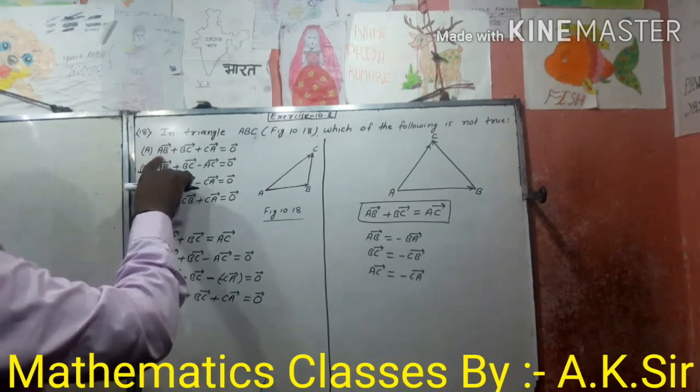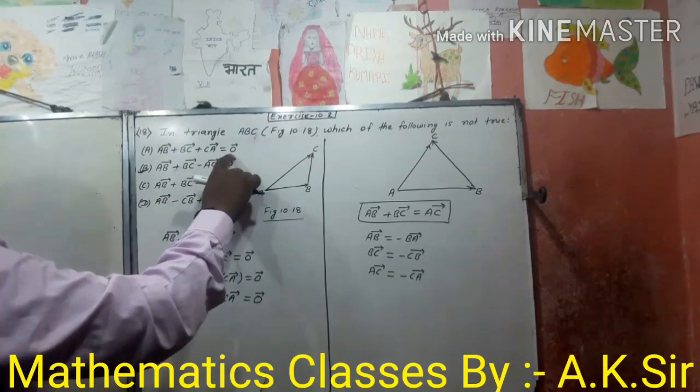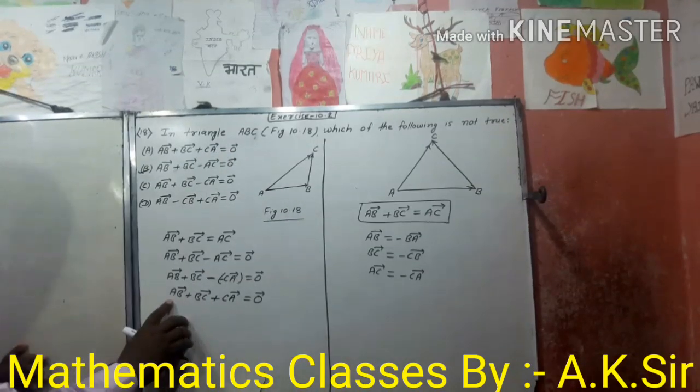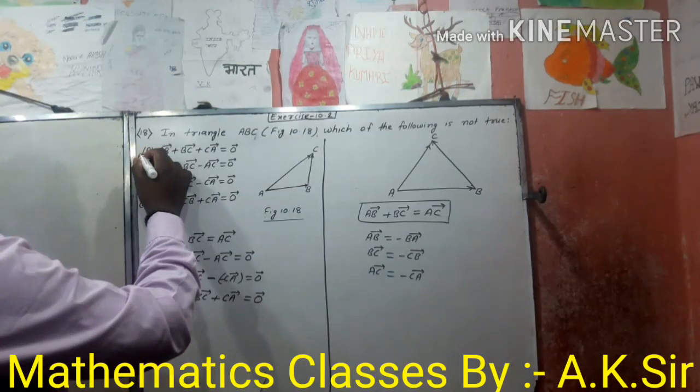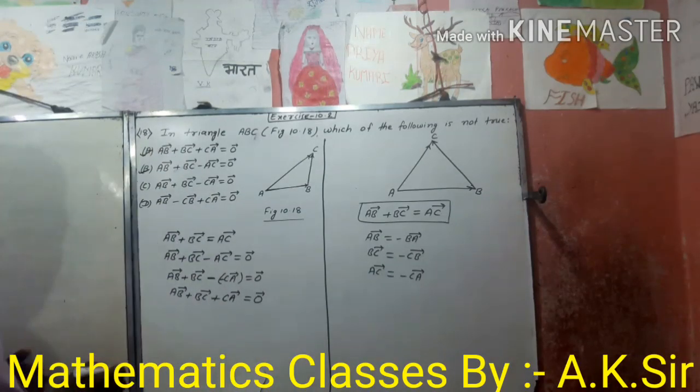We see here AB vector plus BC vector plus CA vector is equal to 0 vector. It means option A is also true.